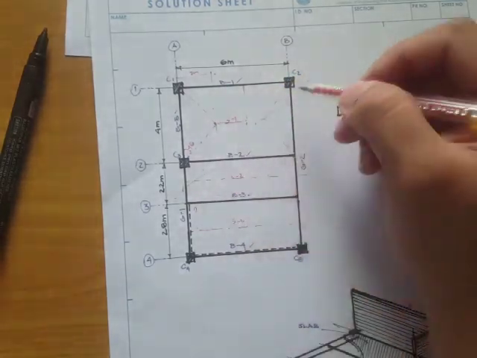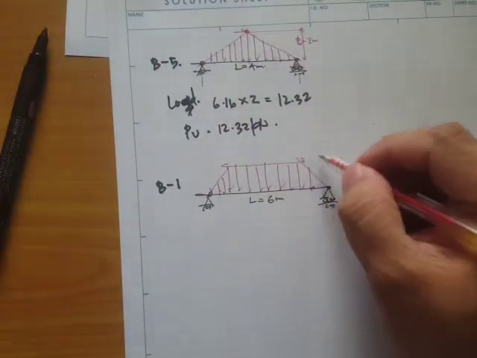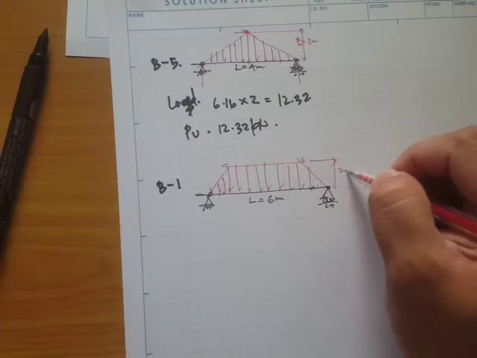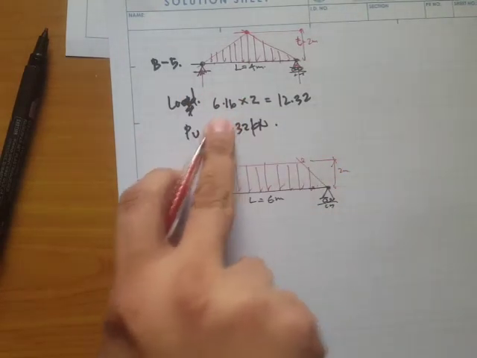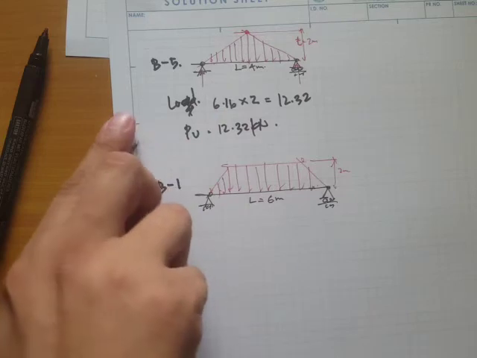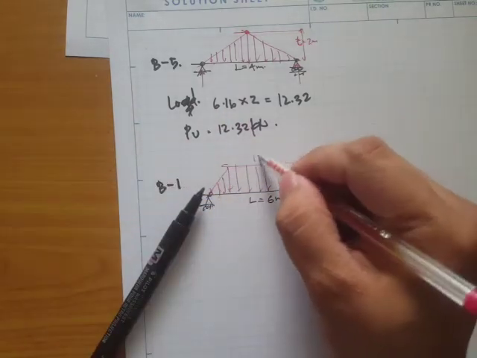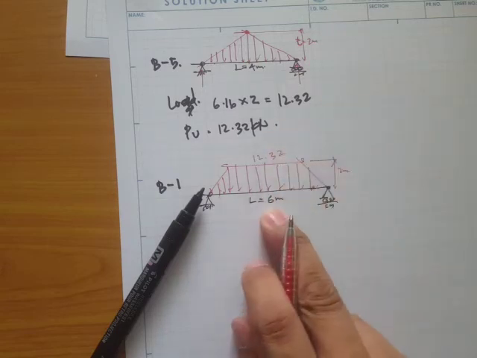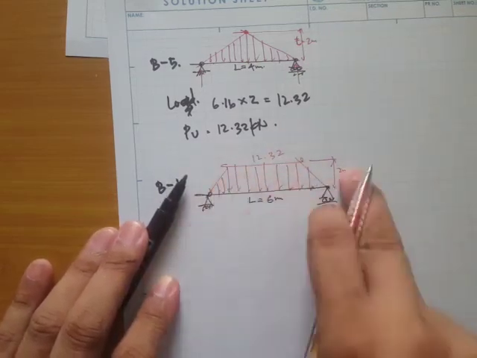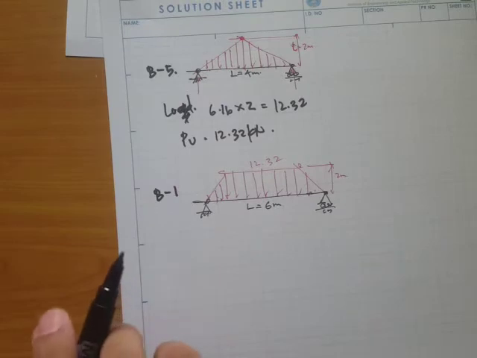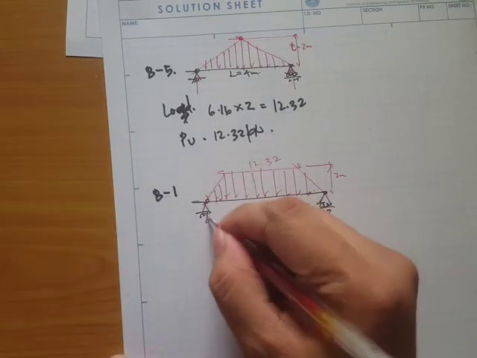If we multiply by the 6.16, we get 12.32 as well. But since we have different lengths and different loadings, we'll get different reactions.